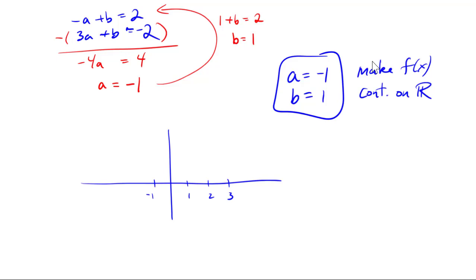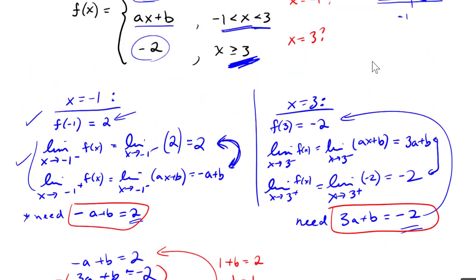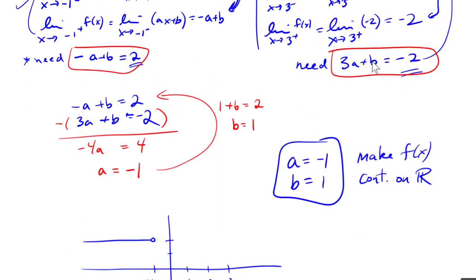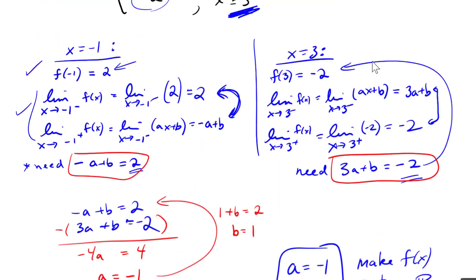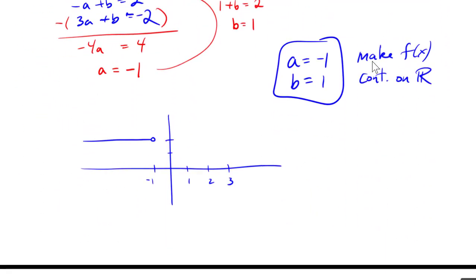It's 2 like this, up to and including negative 1, and then it's negative 2 after 3. So let me drop down. It's like this, because it's including that too.